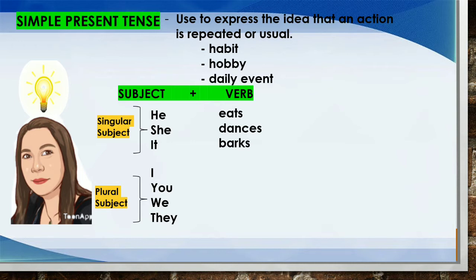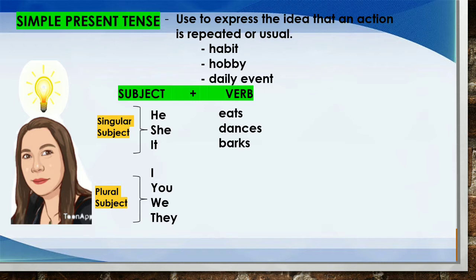So we observe that it has an S. Next, she. We add a verb in a singular form, dances. We add S. It is a singular subject. If we add a singular verb, like barks, we observe also an S.